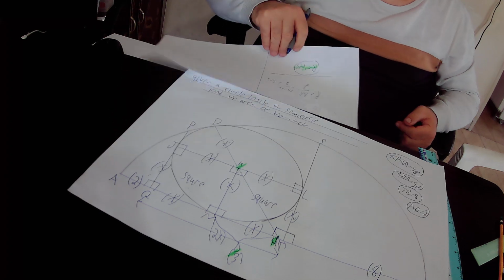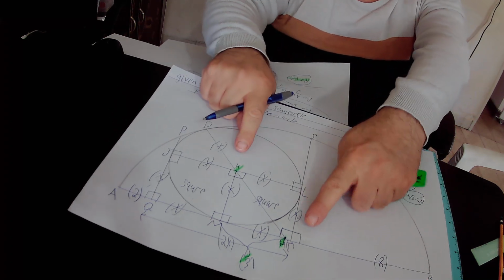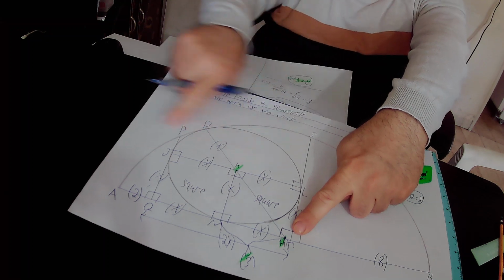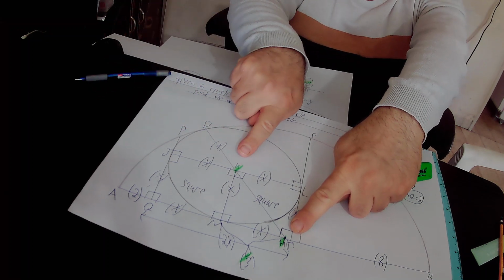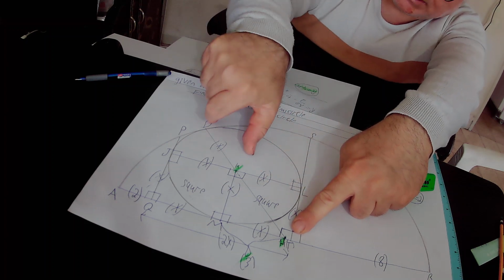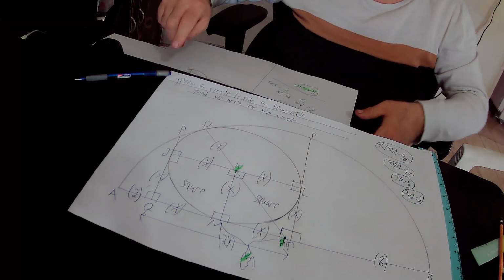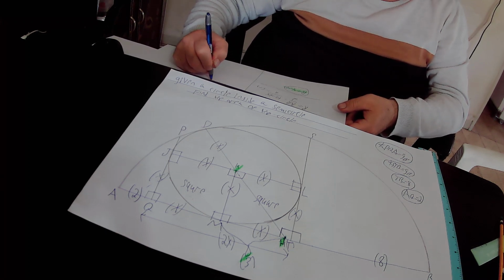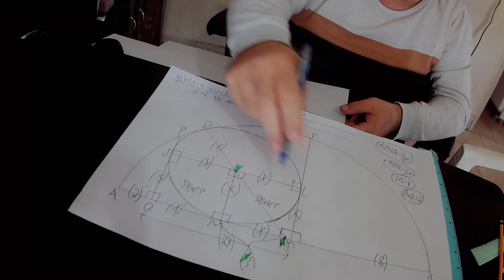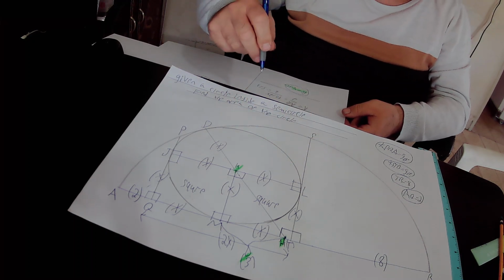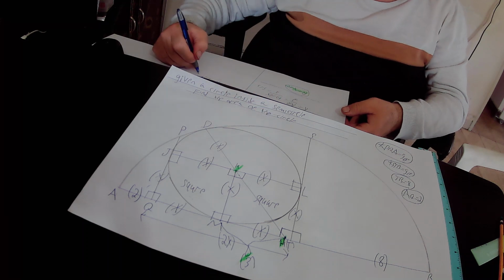And what is the length of the missing side? Side KH. The missing side KH equals DH minus DK. So I write it now. The missing side KH equals DH minus DK.